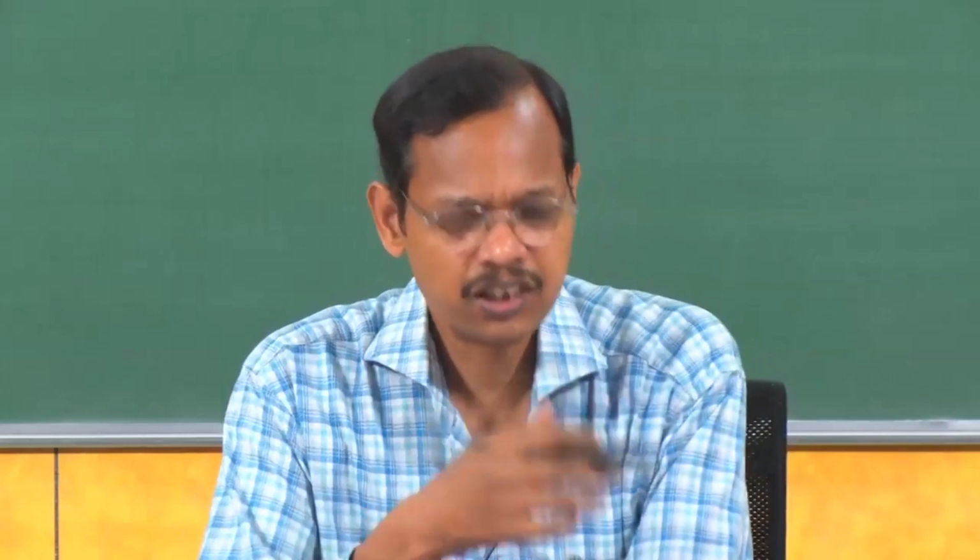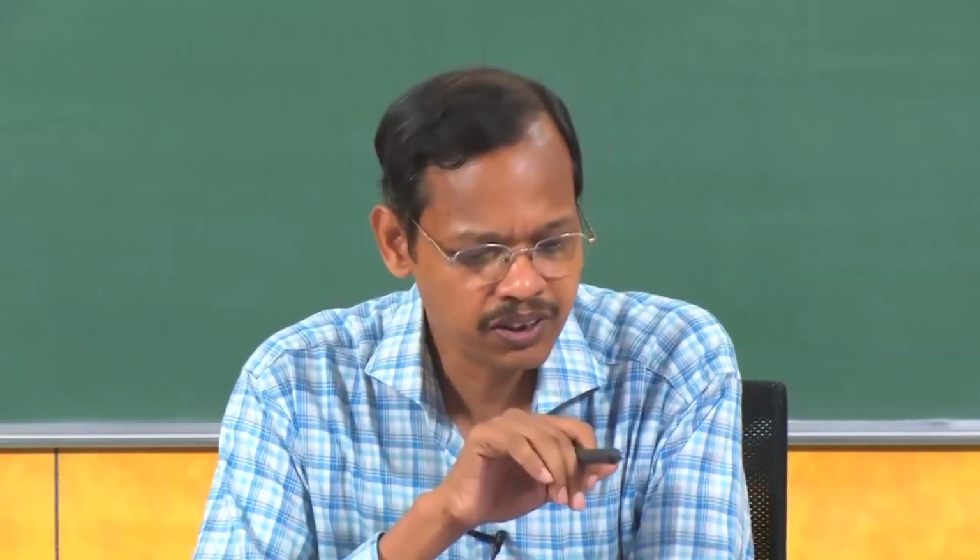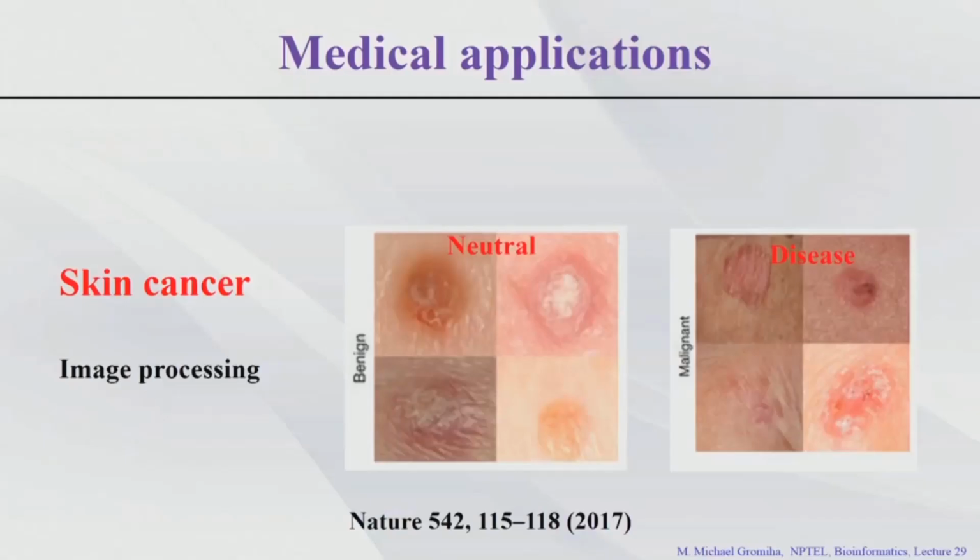Likewise, there is image processing, where you can scan several images. Here I show two types of images. One is benign, which has nothing to do with cancer, but the other is malignant. So, can we look at these images and predict whether this is cancer prone or neutral? This mainly deals with skin cancer.